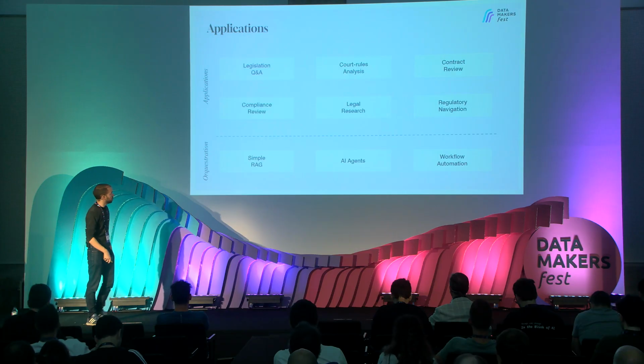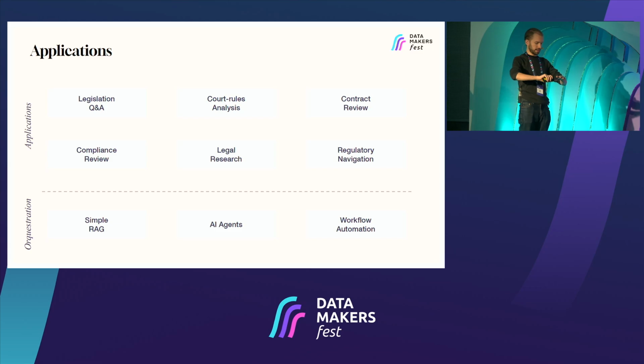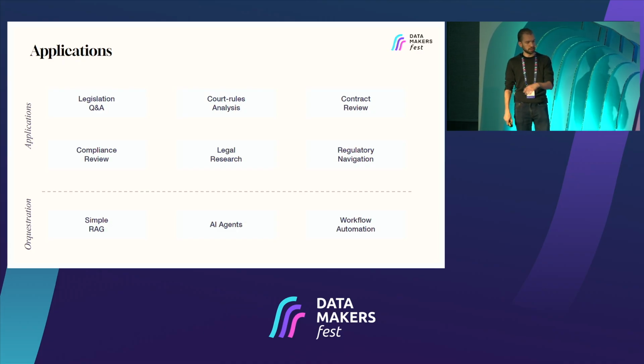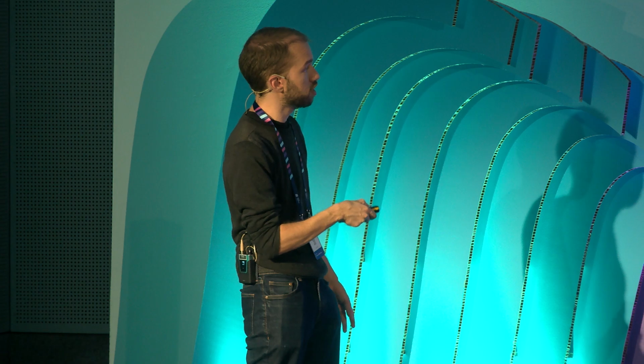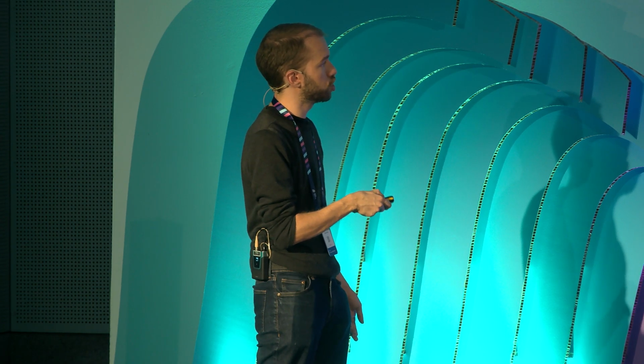Okay, so now that we have this search engine, we can do a lot of cool things, right? In terms of orchestration, we can do simple RAG, the example that I showed you in the beginning. We can do AI agents. Each part of our RAG system, for example, the graph store, the vector store, the document store, the BM25 index, can be tools. And we can have agents plan and use those tools to create complex workflows.